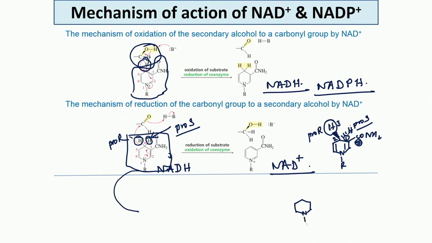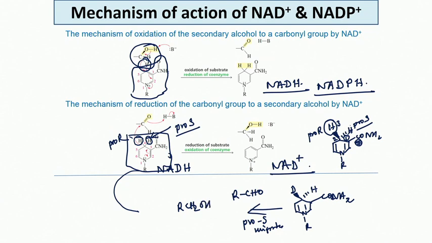So, suppose I have a deuterium here and hydrogen here, and I do this NADH mediated reaction, and I have an aldehyde, and I ask you what is the product if pro S migrates. So, what will be the product? The product will be RCH2OH, because the pro S hydrogen is this one. So, that is what the enzyme likes to migrate. This hydrogen will be taken up and you will get RCH2OH.